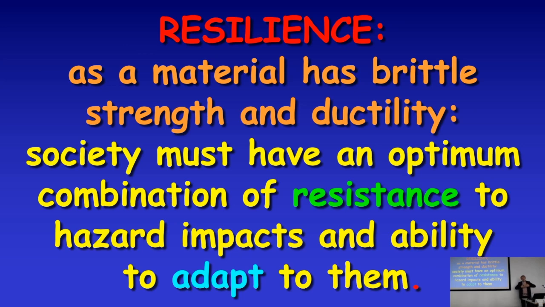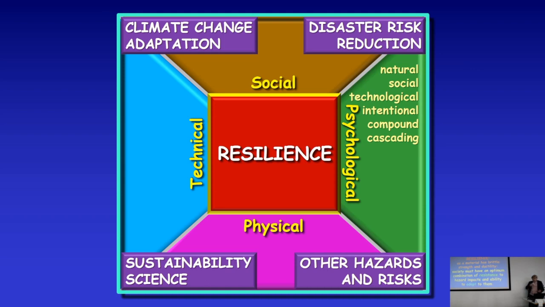So as a material has strength and ductility, so society must harden, it must have resistance to the applied force, and it must adapt. Ductility means adaptation in societal terms. Simple as that.